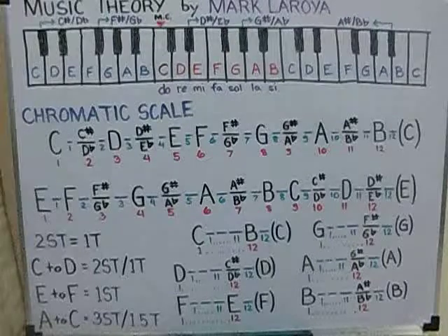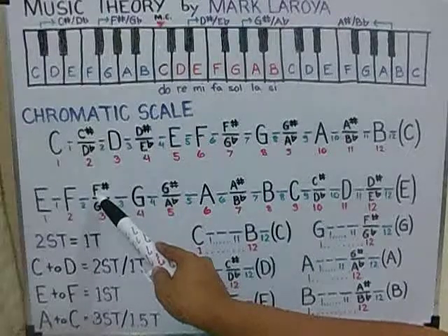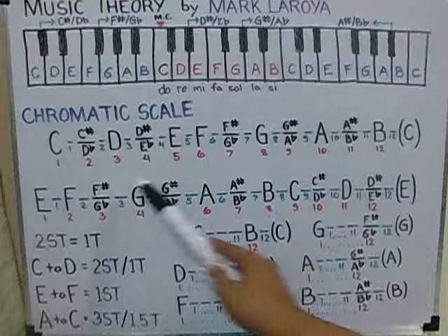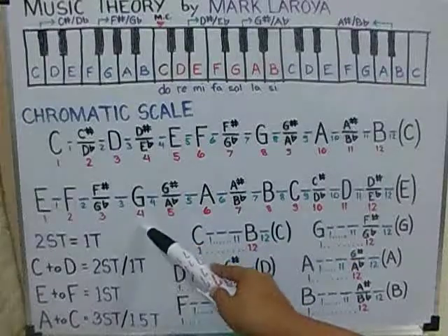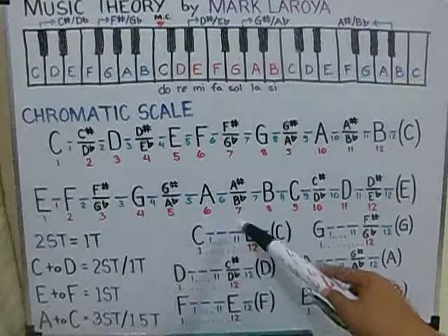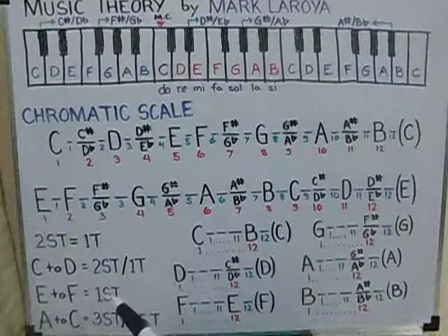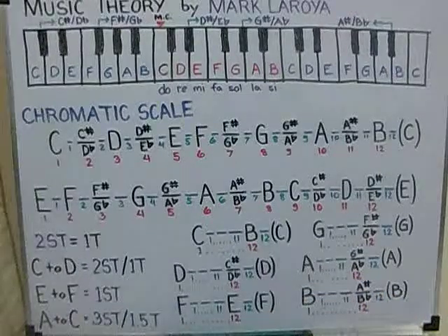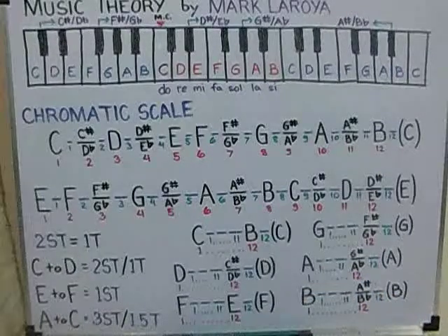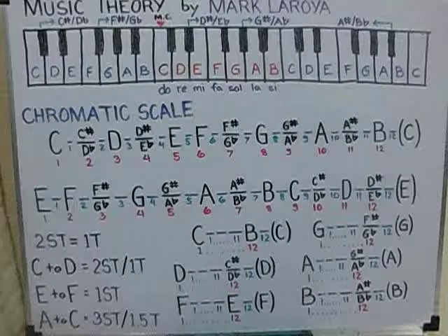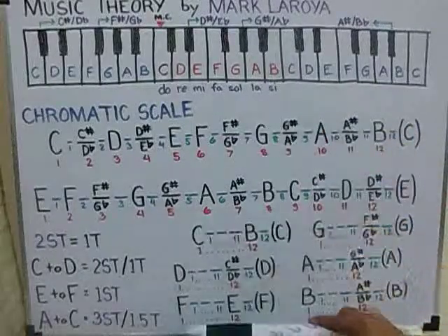What if from F sharp to A sharp? So we have 1, 2, 3, 4, 4 semitones or 2 tones. Okay, so that's it for now.